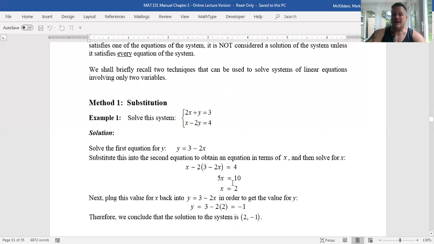Then you plug that x equals 2 back into the equation you got from your substitution. So if I plug it back here, you get 3 minus 4, which is -1. So the y coordinate happens to be -1, and hence the solution is (2, -1). That's basically the idea of substitution.